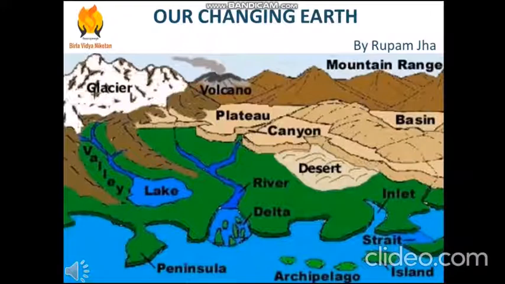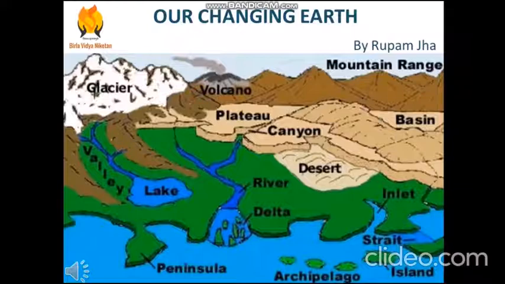So let's revise once again all the exogenic forces and the result of these exogenic forces on river, sea, ice and wind. When these exogenic forces act on a river, waterfall, meander, oxbow lake, delta, etc. are formed.